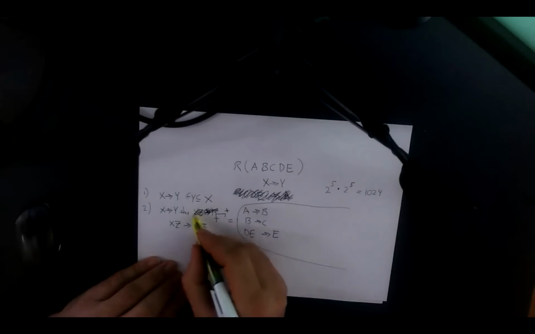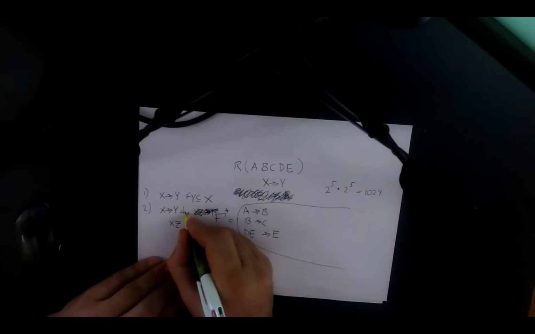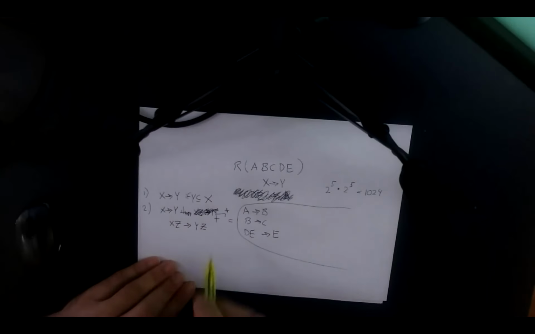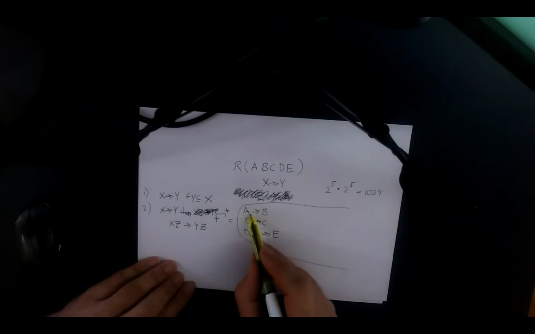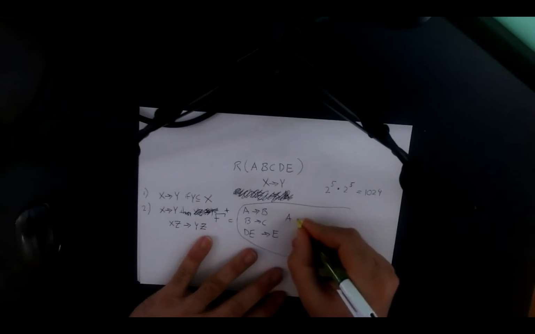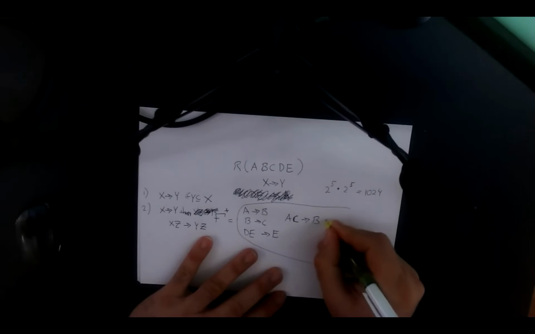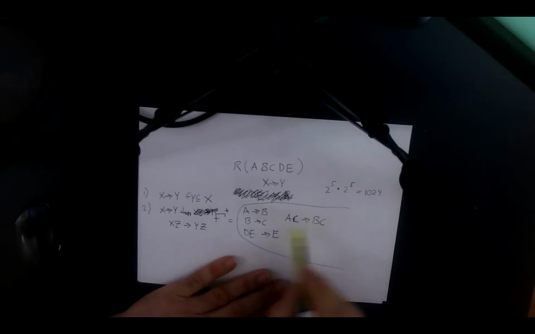Okay? So that's what's called augmentation. If A goes to B, then AC goes to BC. All right, so there we go. AC goes to BC. That's in the closure because we compute that by augmentation.